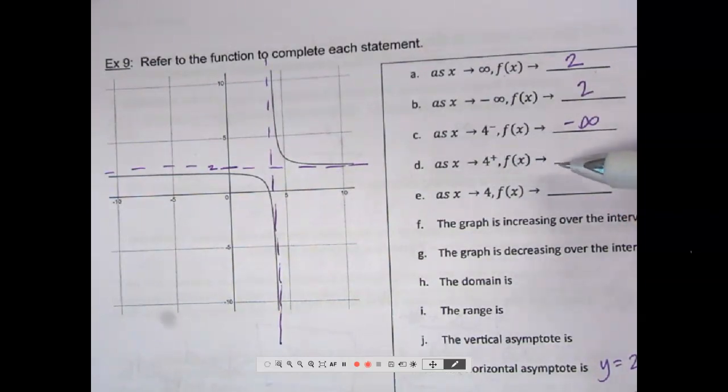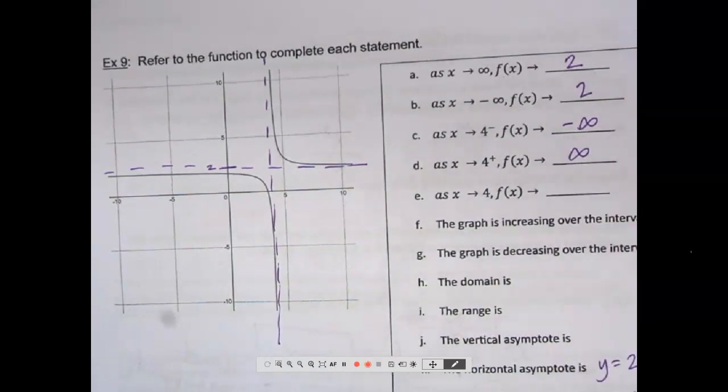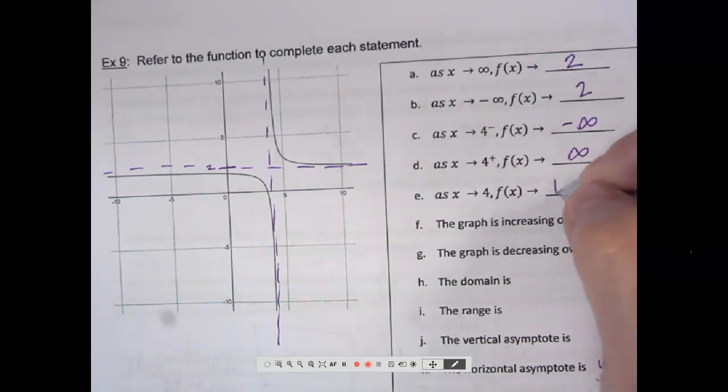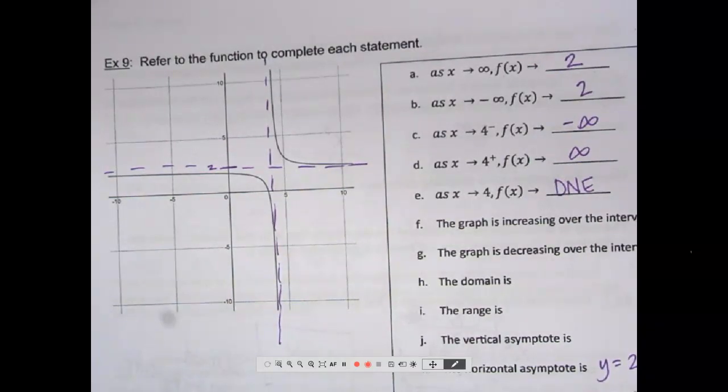What is y approaching? Positive infinity. What about as x approaches 4? Or either answer. Because they differ, we just say there's not a number we're approaching. They're not a value.